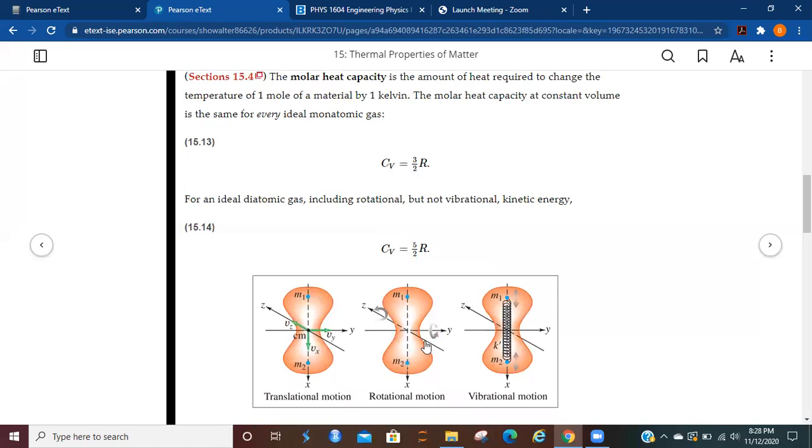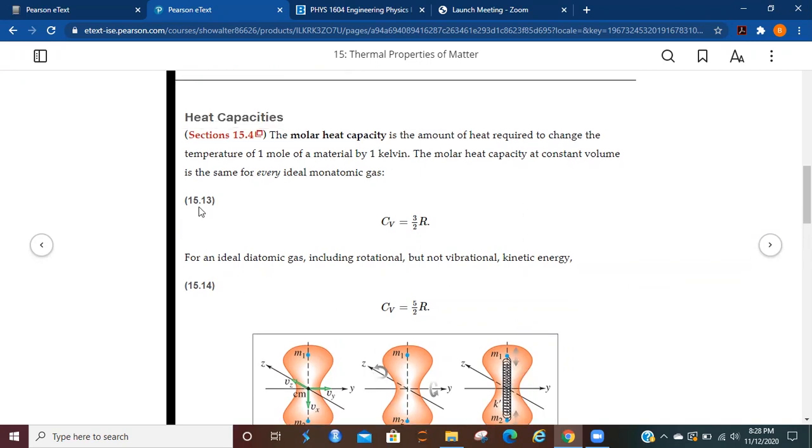Rotational motion is going to be rotating about specific axes. So that's going to add some degrees of freedom here regarding heat capacity. And then you can see vibrational motion, as if the molecules were connected with a spring, how they bounce back and forth with each other.